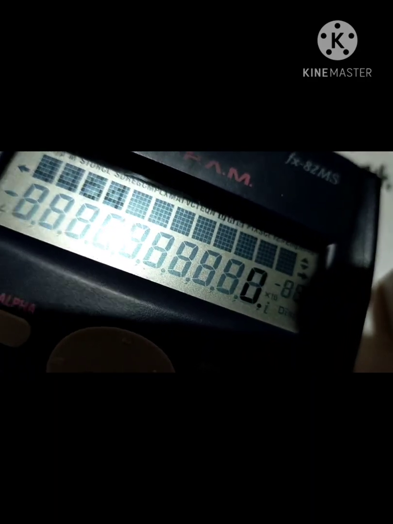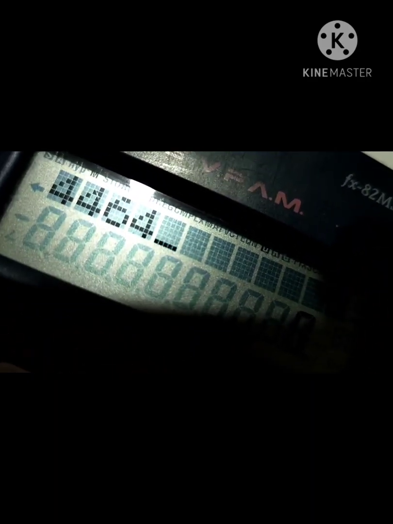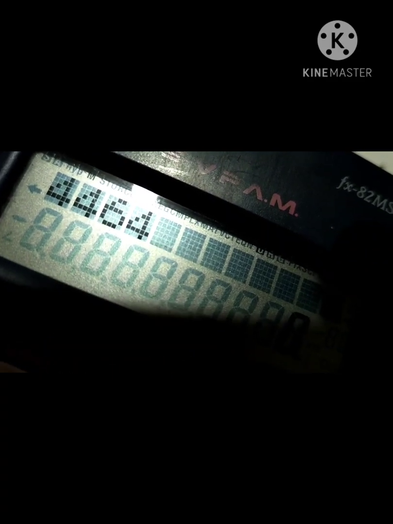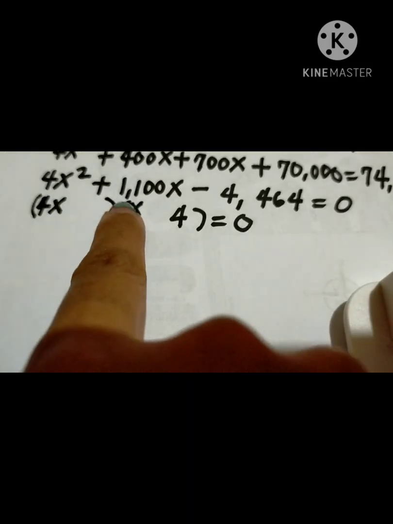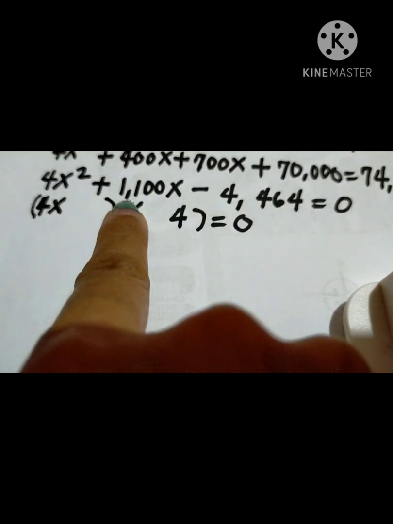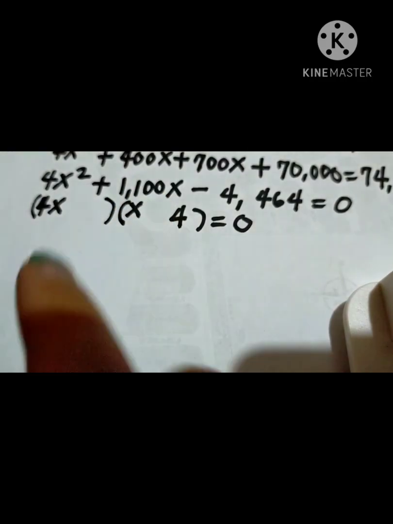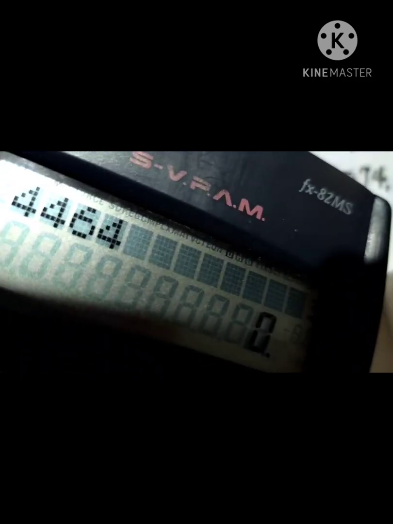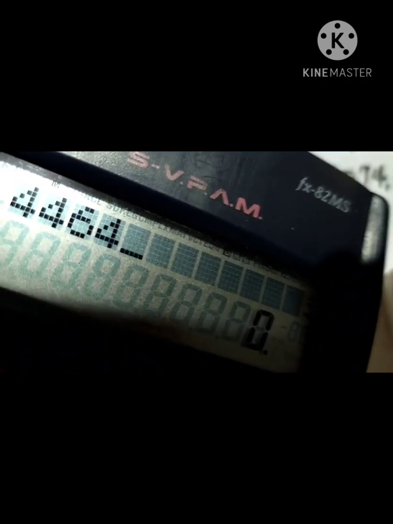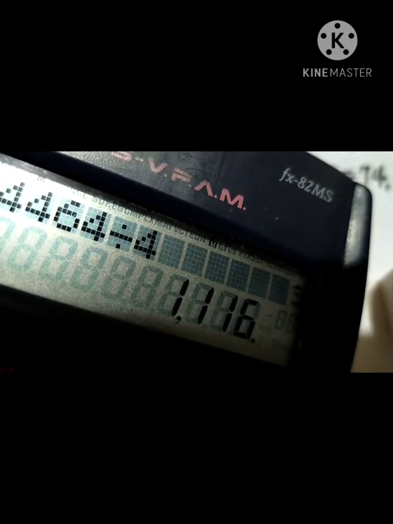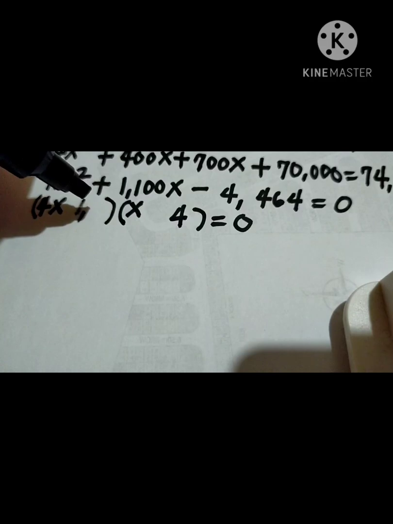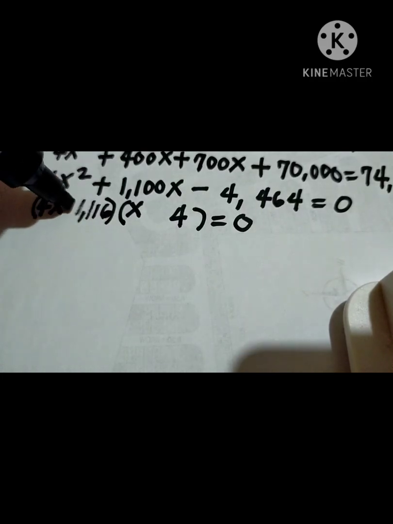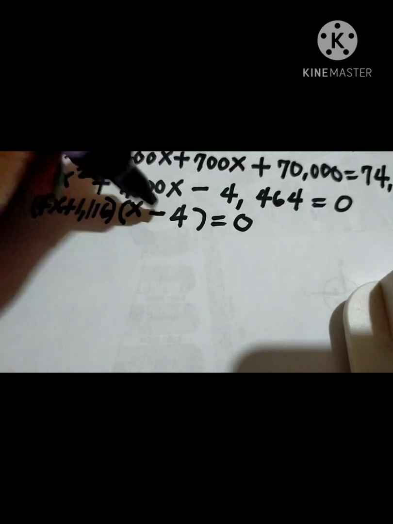Using the calculator, let us look for the factors of 4,464 which would result to the middle term coefficient, 1,100. If we divide 4,464 by 4, we have 1,116. So we write 1,116, this is plus and this is minus.